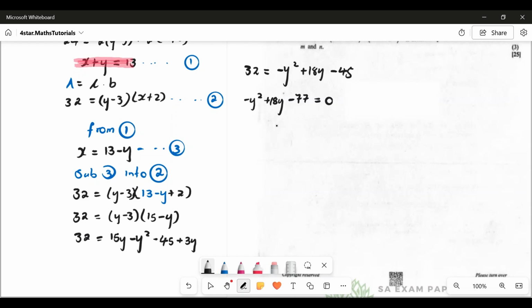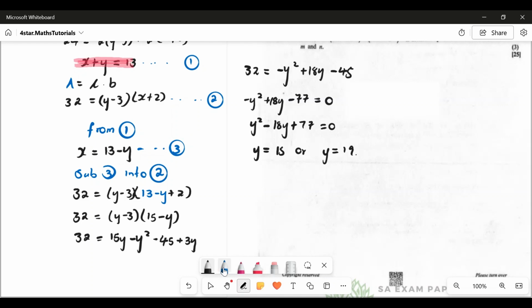Then we can divide both sides by negative to make it positive. If I use the quadratic formula, I'm going to get y equals 15 or y equals 19.